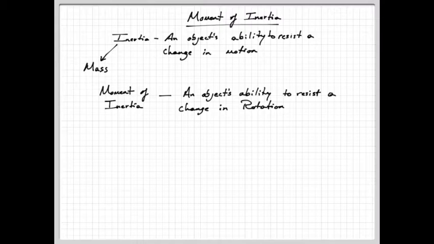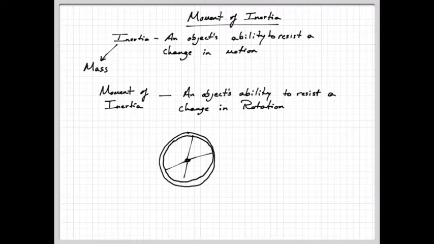So if we're looking at a wheel, for example, we've got a disc to represent a wheel. It's going to rotate around this center axis point, depending on where the mass is located, right? For example, if this was a wheel with a very thin rim and nothing internal, like it just has spokes kind of going out to hold the wheel in place, but we concentrate all the mass out here in the edge of the wheel.